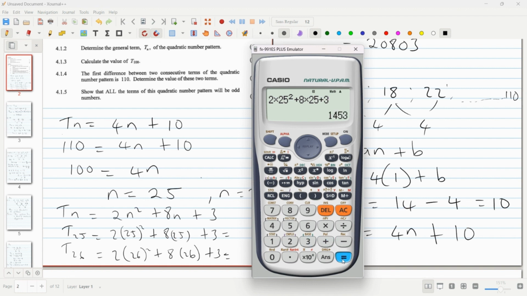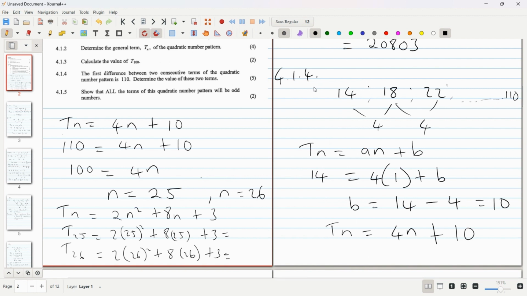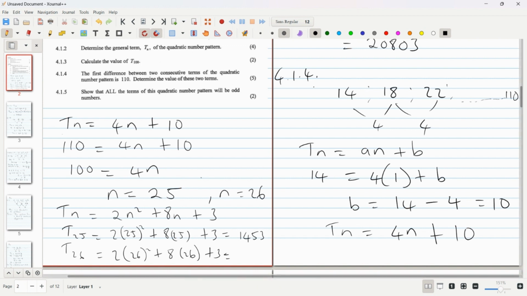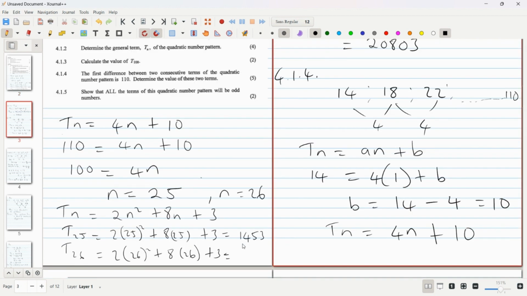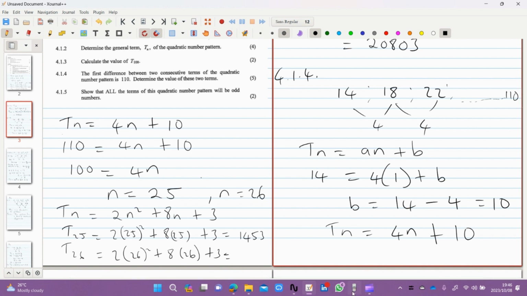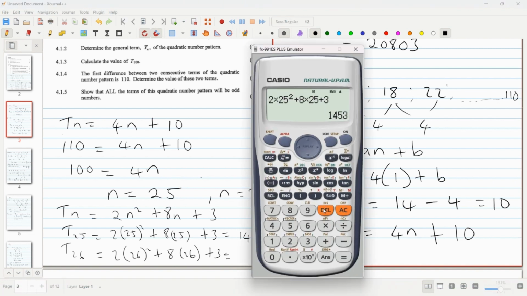And then you'll have 1453. So it means here it's 1453. Since we have a difference of 110 here, you can estimate this one by just adding 110 to this one, but we can calculate. You'll see the difference is 110.